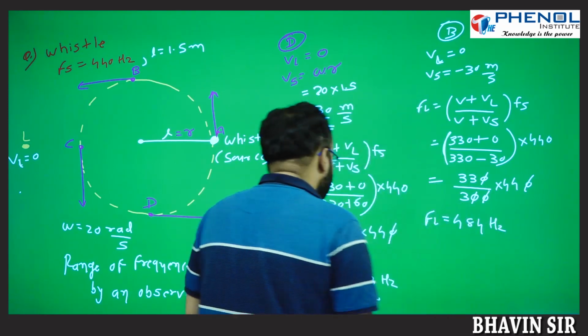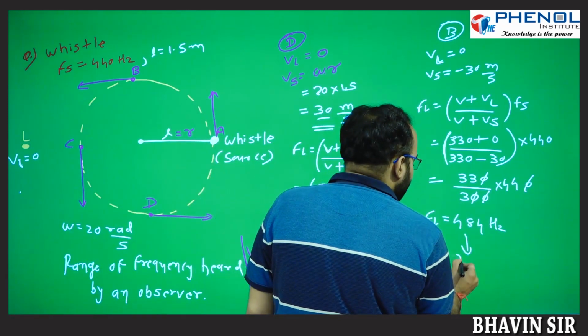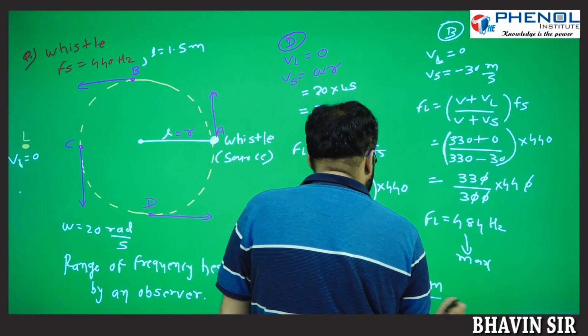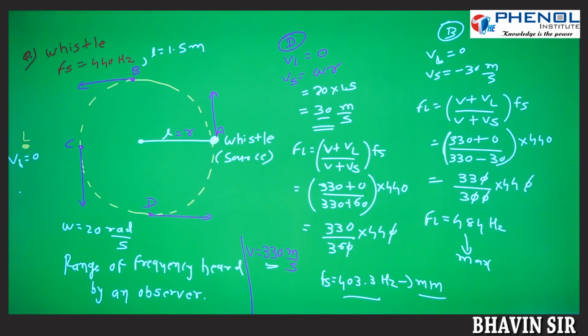So students, this is the range of frequency: 484 is the maximum frequency and 403.3 is the minimum frequency. This is the example of circular motion of the source.